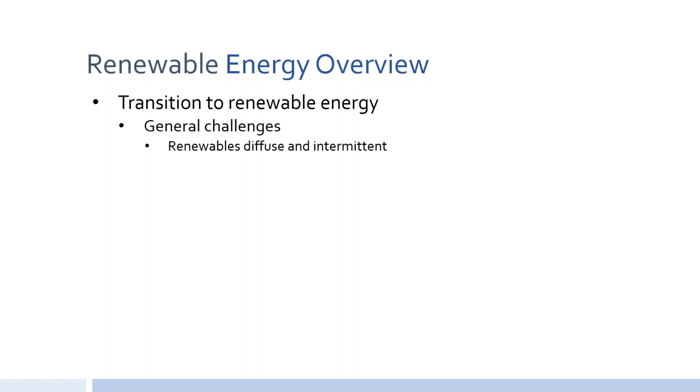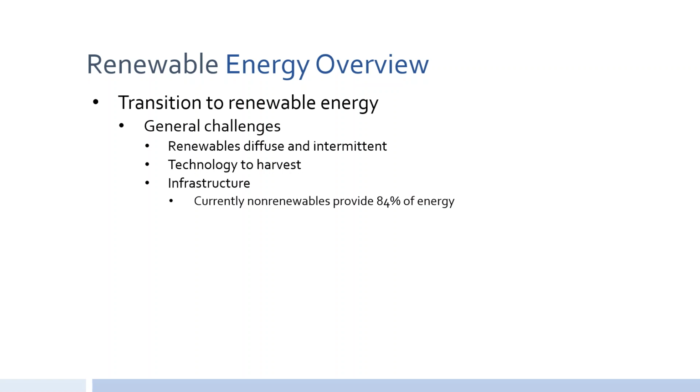That's not how it works. But some places have more access to solar energy or wind energy. And the technology to harvest it is there, but funding that technology and getting that infrastructure is a challenge. When non-renewables provide 84% of energy, you need to have infrastructure in place to transmit that energy to people.